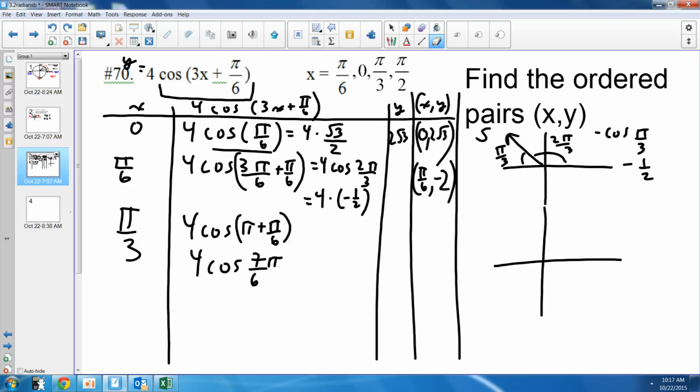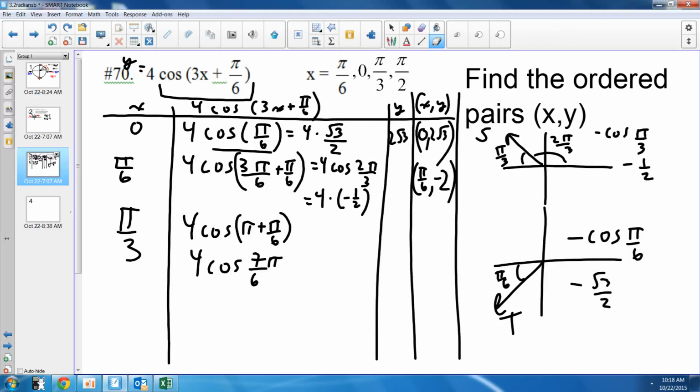I'm going to go ahead and graph this. This is where my reference angle is pi over 6, which means cosine of 7 pi over 6 is the same thing as negative cosine of pi over 6, which is negative radical 3 over 2 by the table as well.